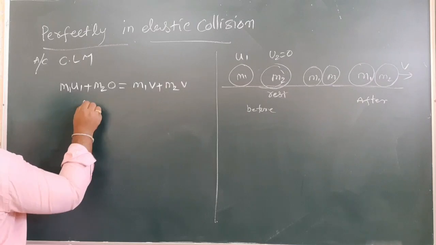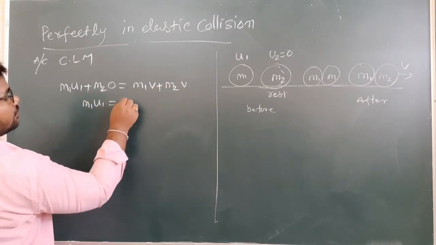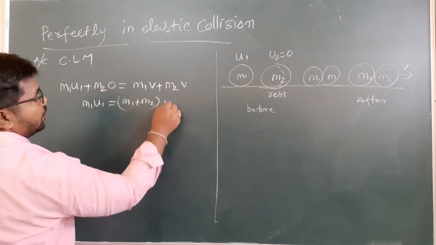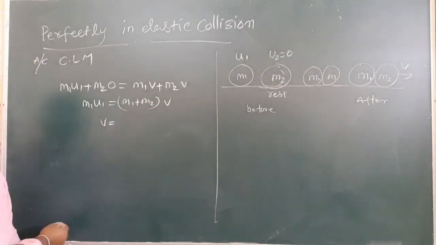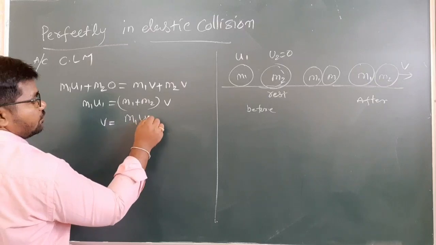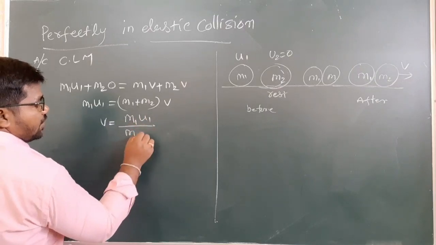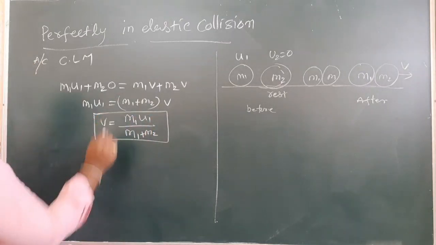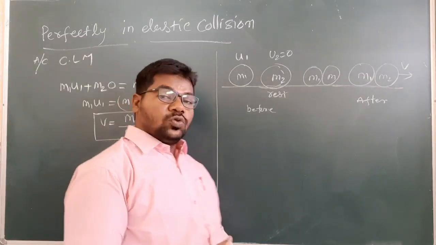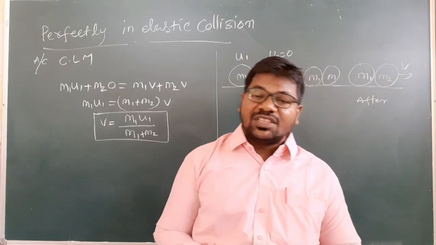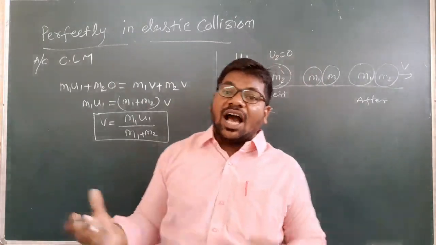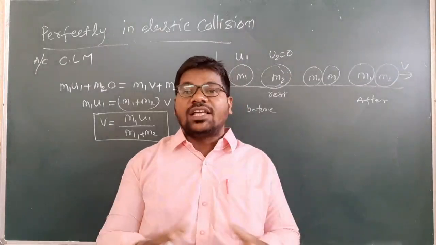We can write m1 u1 equals m1 plus m2 times v, so v is equal to m1 u1 by m1 plus m2. This is the final velocity of the two bodies moving with the same velocity. This is the velocity after collision. They are stuck together.